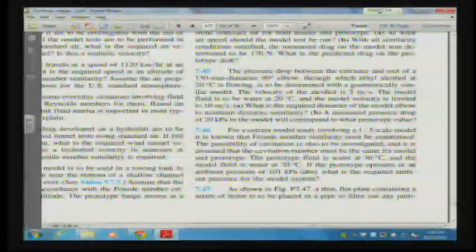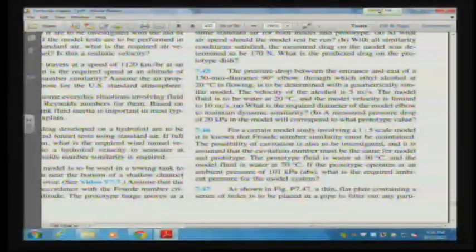So it says then that the prototype fluid has some properties. Basically, it's water at 30 degrees centigrade, and the model fluid is still water, which is good, at 70 degrees centigrade. If the prototype operates at an ambient of 101 kPa absolute, what's the required ambient for the model?